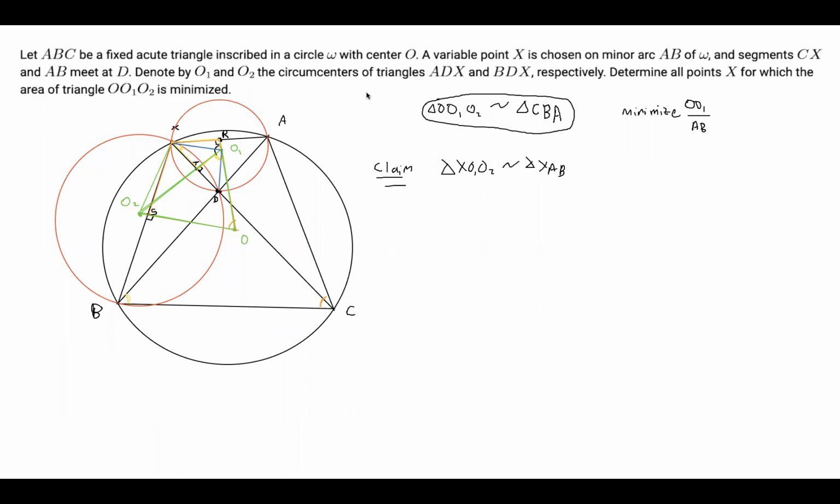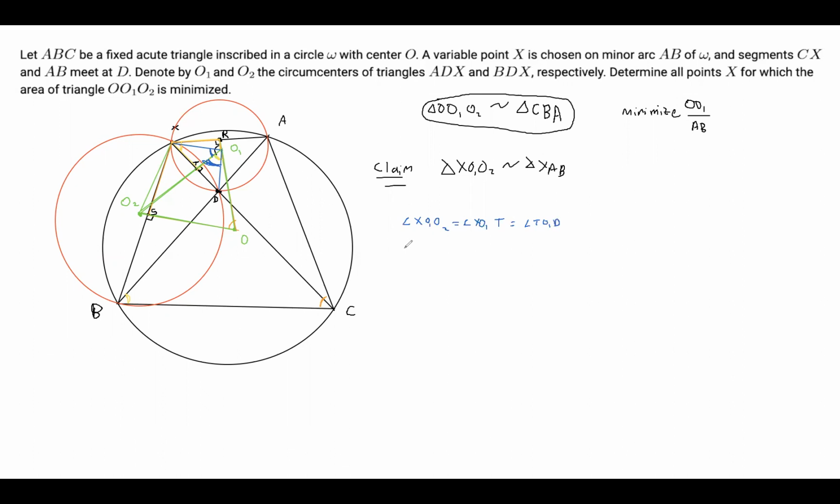And then I'm going to label this angle XO1O2 in blue, right? But since O1T is the perpendicular bisector of XD, that means angle TO1D is equal to XO1T. So we can write angle XO1O2 equals angle XO1T because O1T and O2 are collinear. This is equal to TO1D.